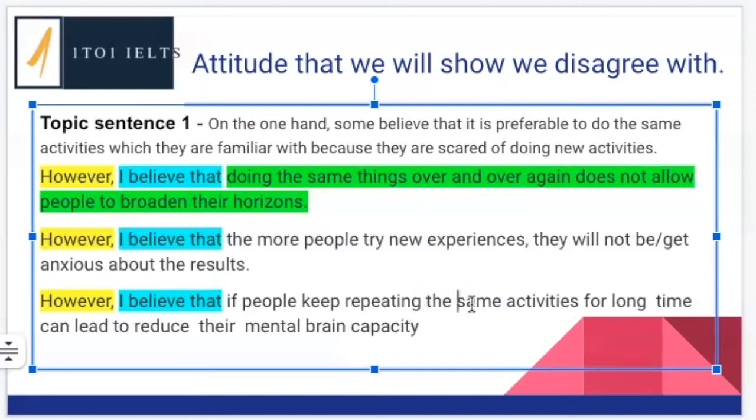Okay, so you can remember that this article collocation always is the same. So I believe if people keep repeating the same activities for a long time, this expression also always has an article. Yeah, the indefinite article. Well, a long time. We keep repeating the same activity a long time.